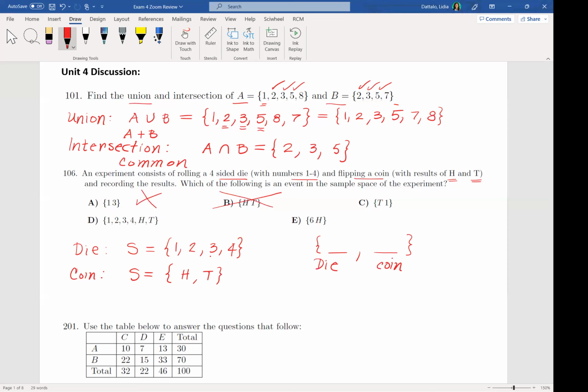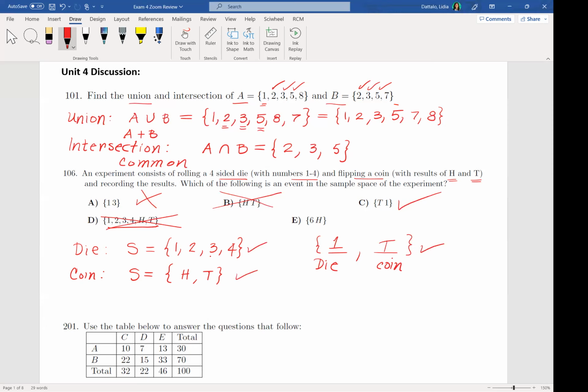C says, the coin can have a tail, and then the die can have a 1, definitely, because these are the members of each space for the die and the coin. So definitely C. And then D says when you roll the die and toss the coin, you're going to get all these. Well, you don't get them all at once. So this definitely cannot be it either.